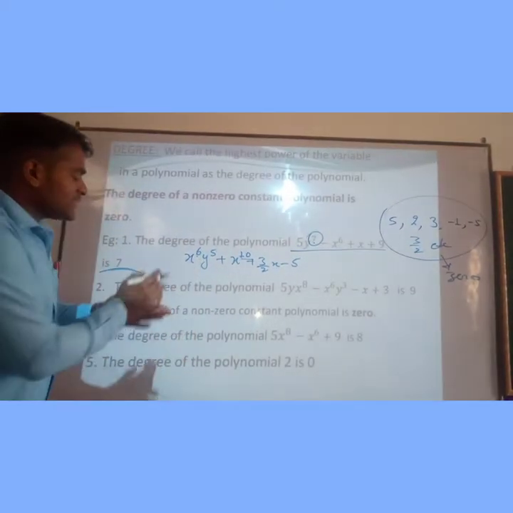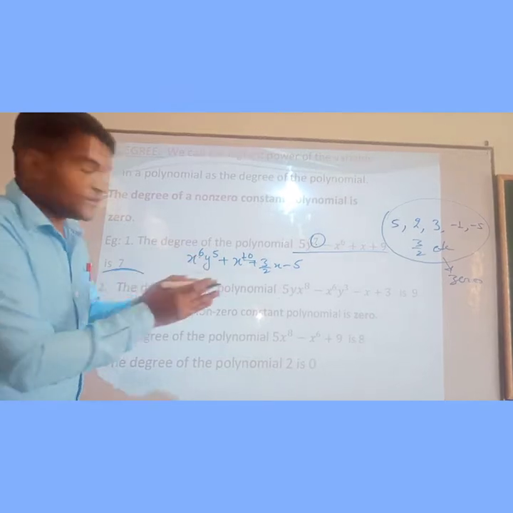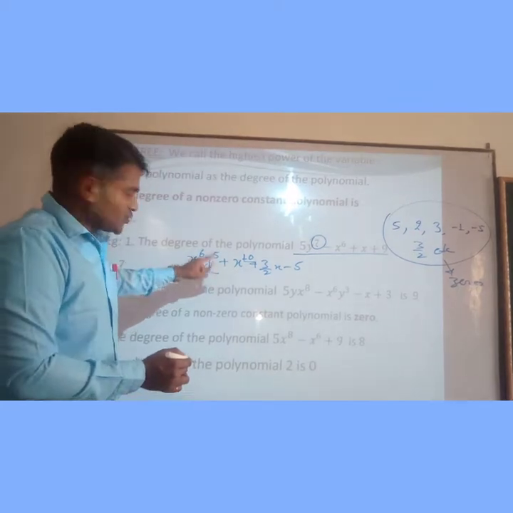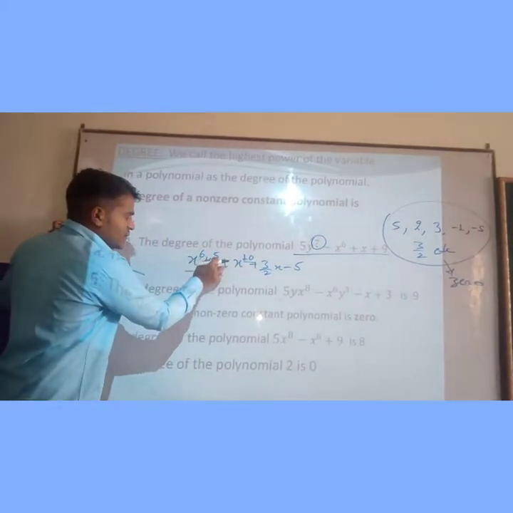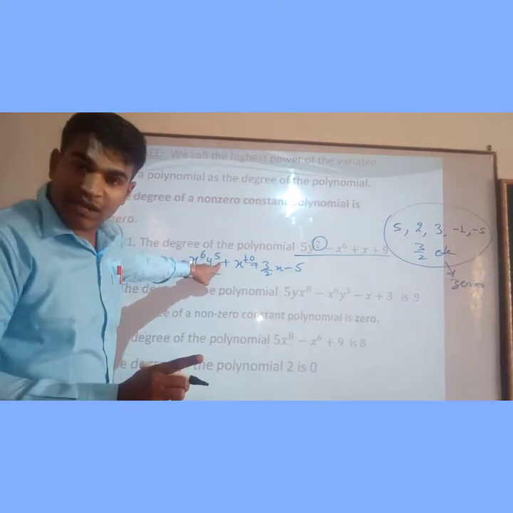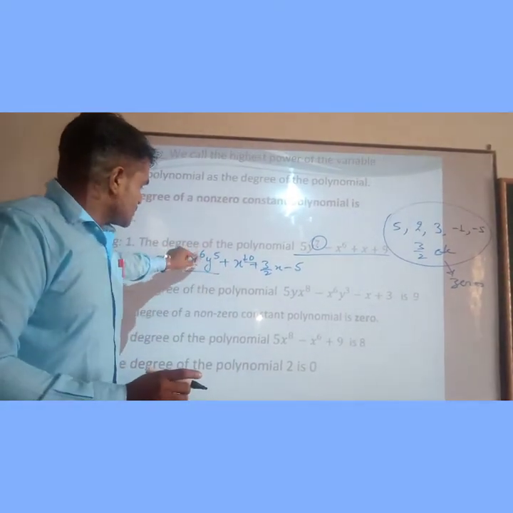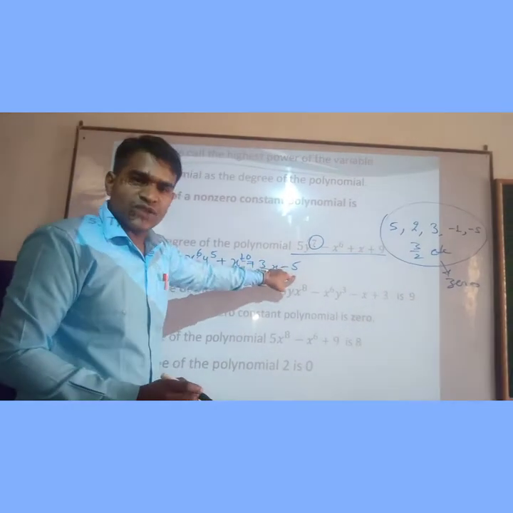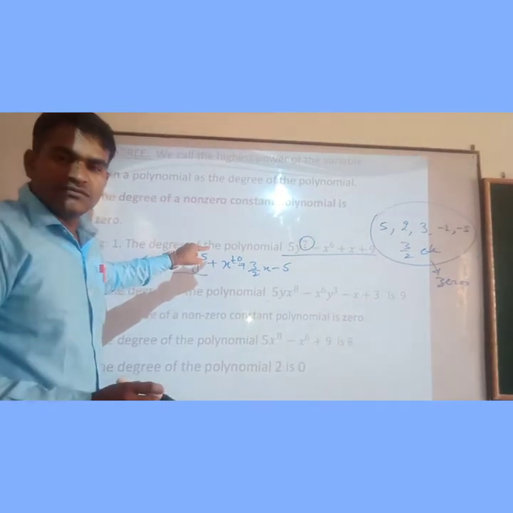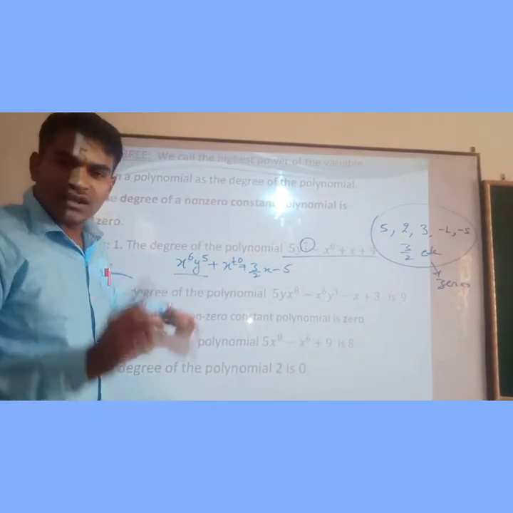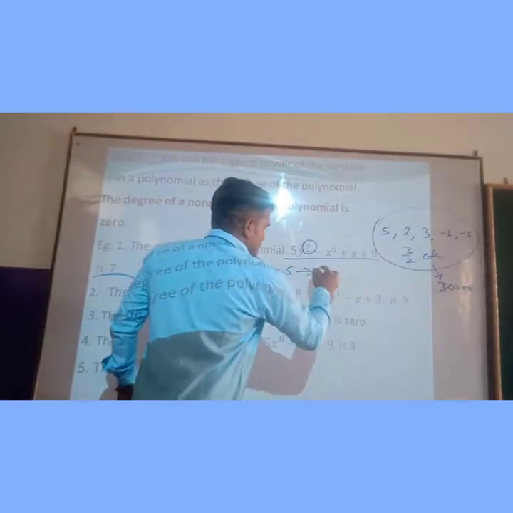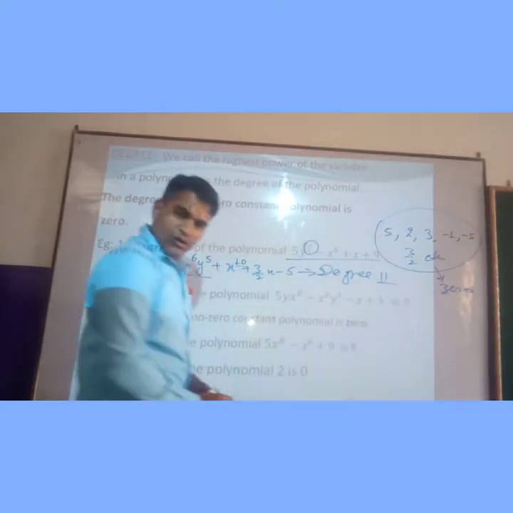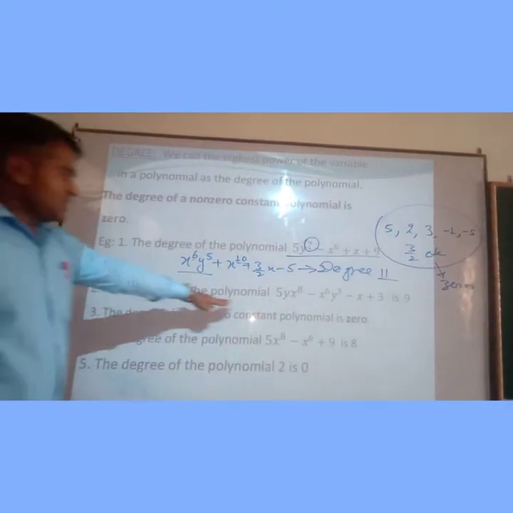First we add the powers of the variables in each term. In the first term there are two variables, x and y, so 6 plus 5 is 11. In the other terms we have x power 10 and so on. Is 10 greater or 11? 11. So its degree is 11.